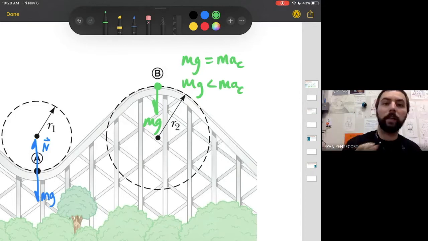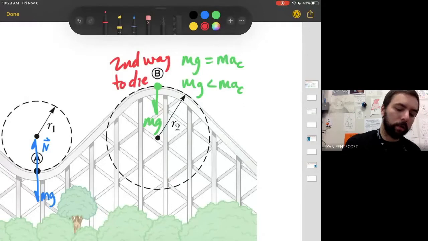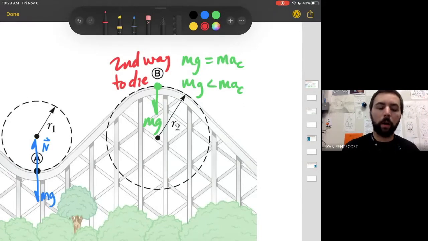You're actually going to get launched, right? So if there is no lap bar or no shoulder bars, you just continue to sail right on through. So this would be the second way to die on a roller coaster, if your mg isn't enough. Now, modern engineering obviously has fixed that problem with the shoulder bars and the lap bar, but they still need to consider these forces, right?